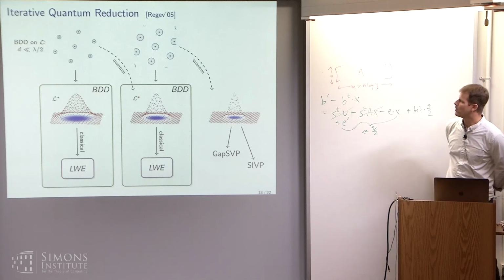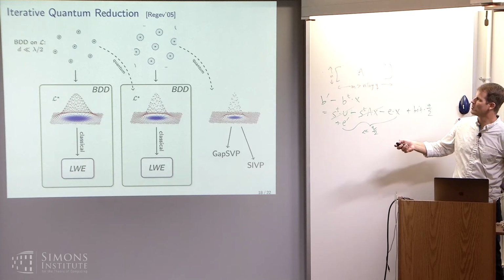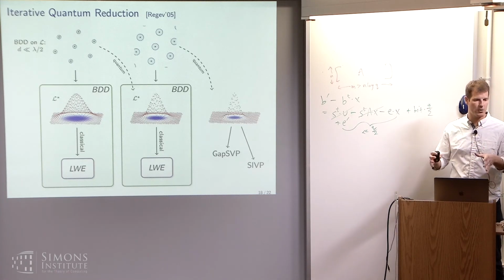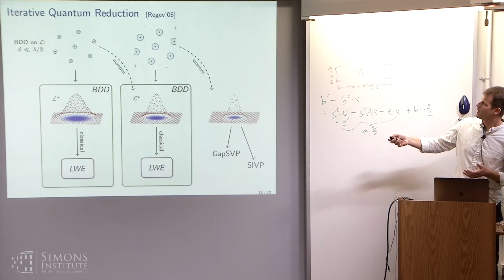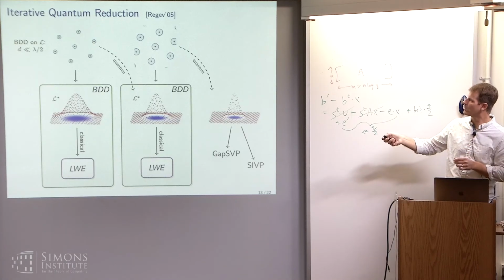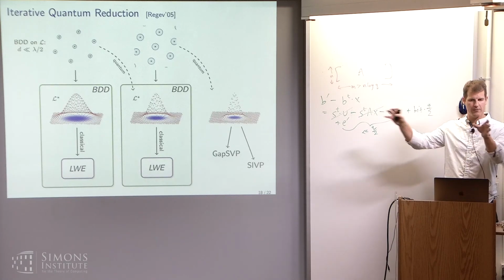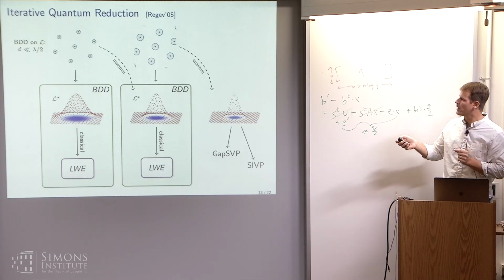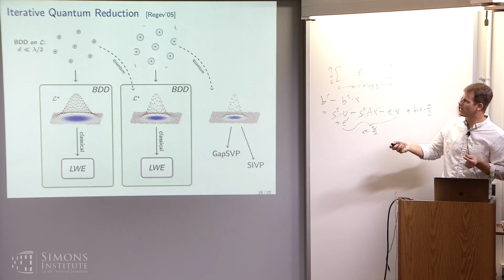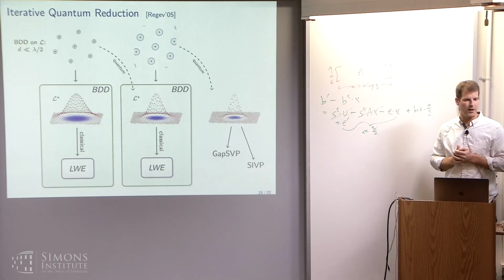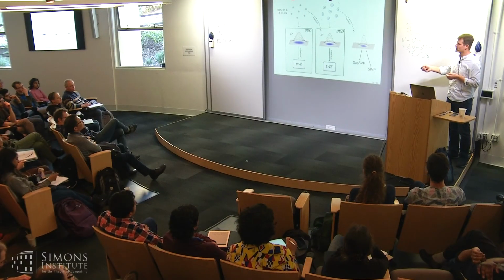The rough answer is that solving BDD to this radius allows you to generate a quantum superposition, which you can think of as tiny little Gaussians centered at these lattice points. So imagine widely spread out narrow Gaussians centered at all these lattice points. If you take the Fourier transform of that superposition, it corresponds to this distribution here. This step involves a quantum Fourier transform? Exactly, yes. So this step here, from here to here, is a QFT.